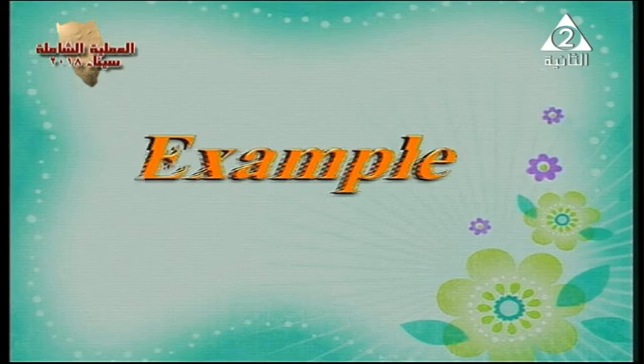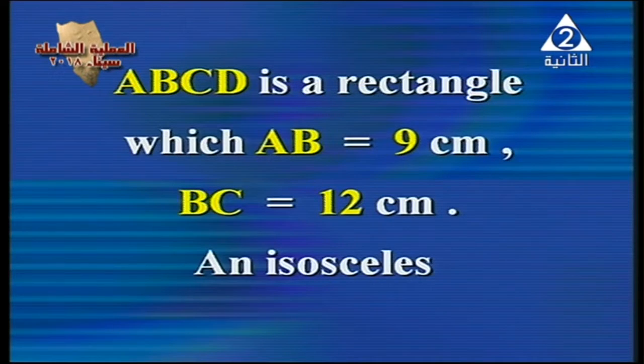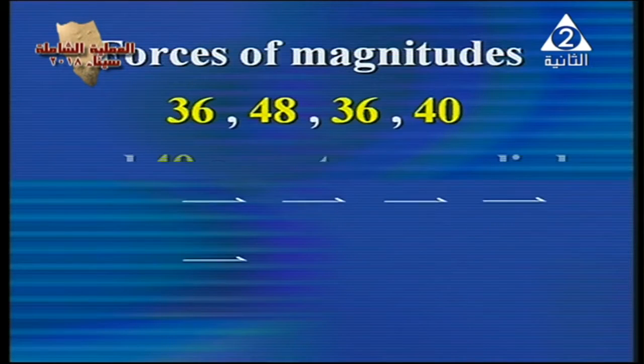But in this case, dear student, look at another example. ABCD is a rectangle in which AB is 9, BC is 12. A triangle is drawn outside the rectangle with base AD and height 8 centimeter.